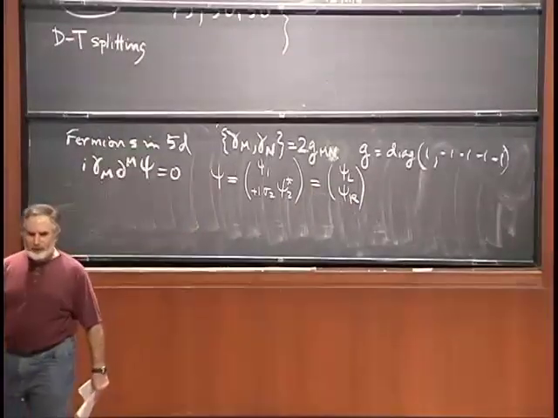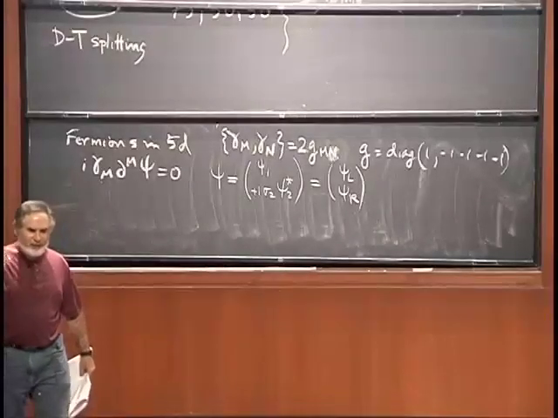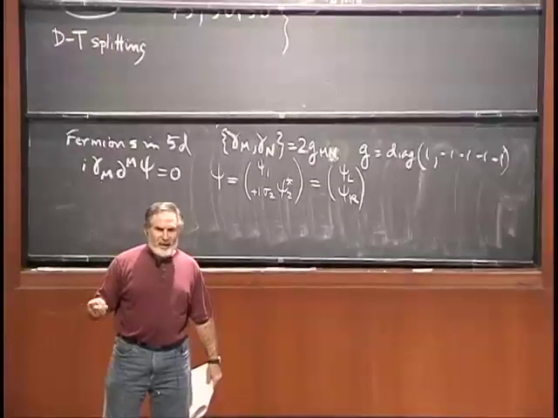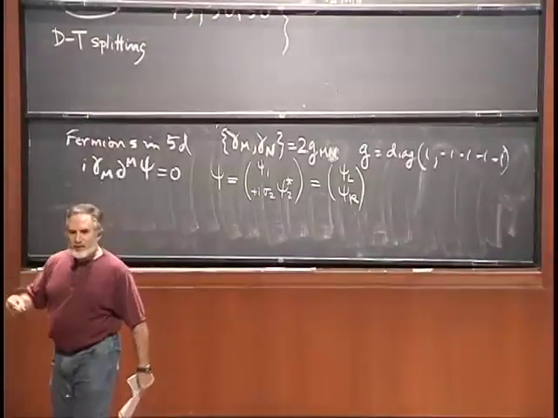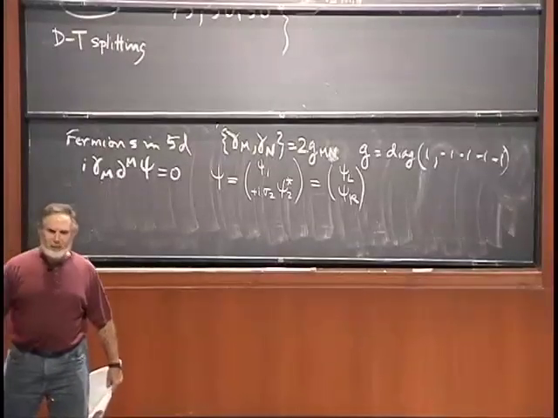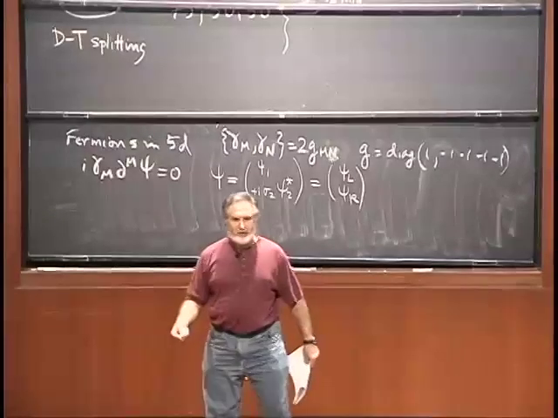Any gauge field that you write down in a 5D theory will couple to both the psi left and the psi right in the same way, in the same representation of the group. That's why a 5D theory is a vector-like gauge theory. It's not a chiral gauge theory, because you cannot couple to the left and right modes differently, like you have to do in the standard model.